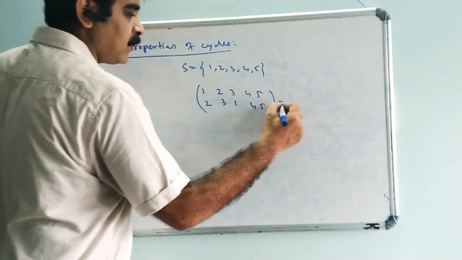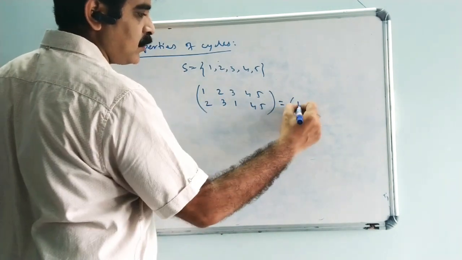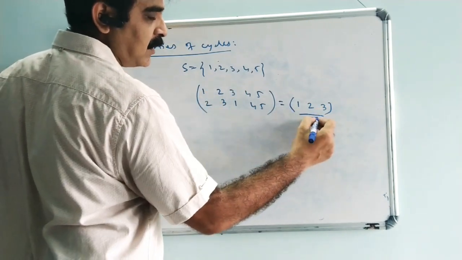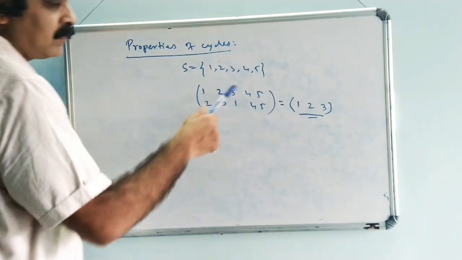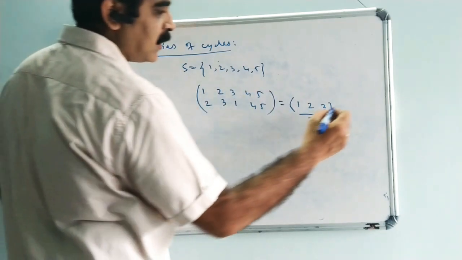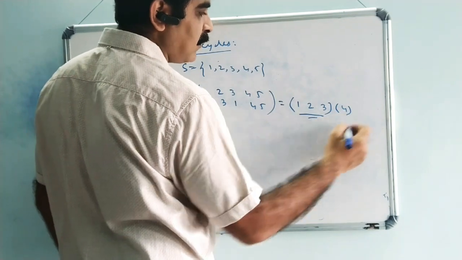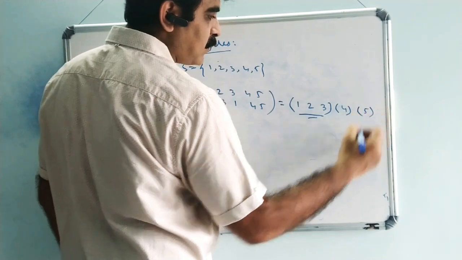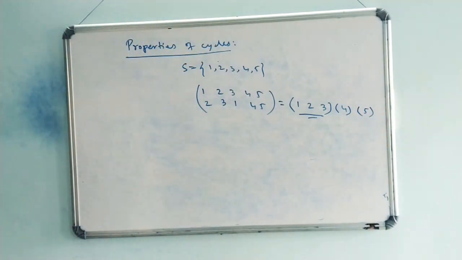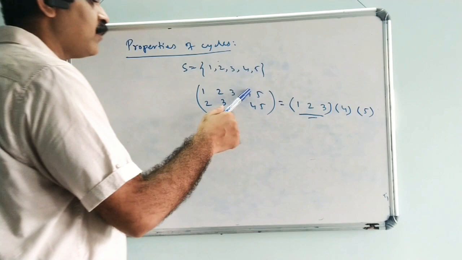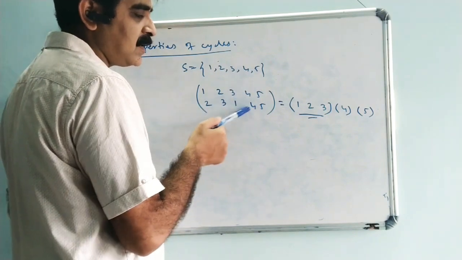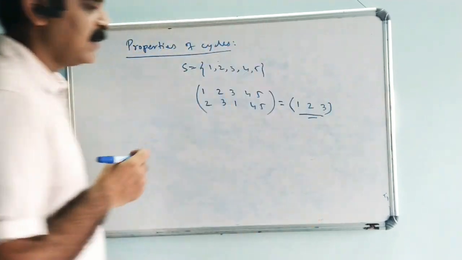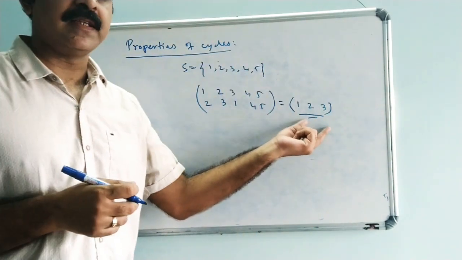Then 1 goes to 2, 2 goes to 3, and 3 comes to 1, so this is a cycle. For the remaining elements, 4 comes to 4, so 4 is a single-element cycle. 5 comes to 5, so 5 is a single-element cycle. Since the image of 4 is 4 and the image of 5 is 5, there is no change, so we just omit them. Therefore, this permutation can be represented by this cycle.